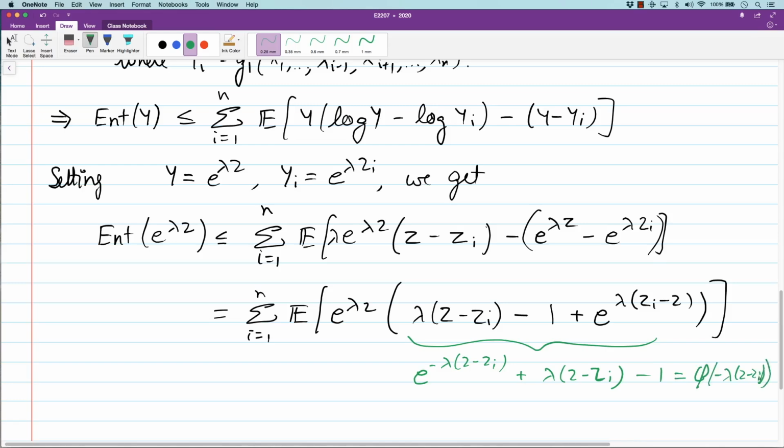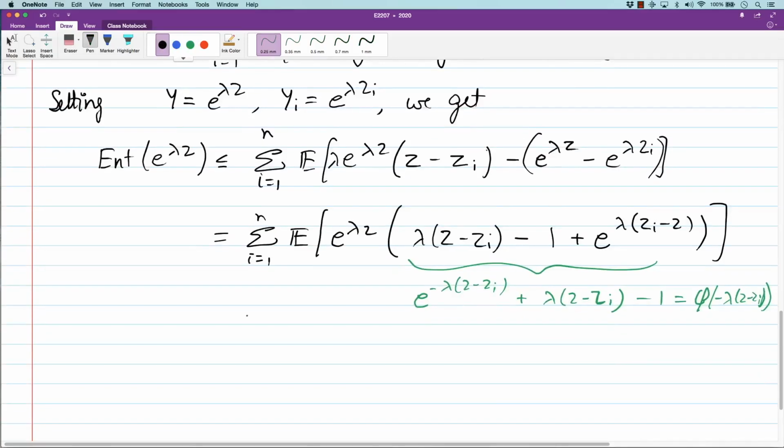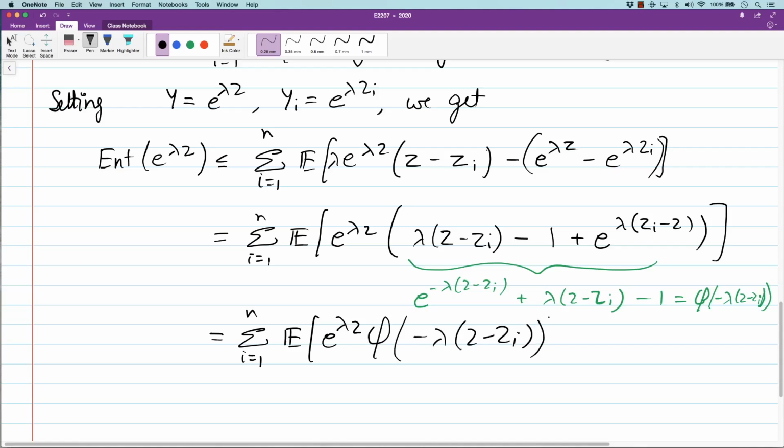The function we were looking for. So we have shown that this thing is nothing but the summation over i equal to 1 to n of the expected value of e to the power lambda z times phi of minus lambda times z minus zi.